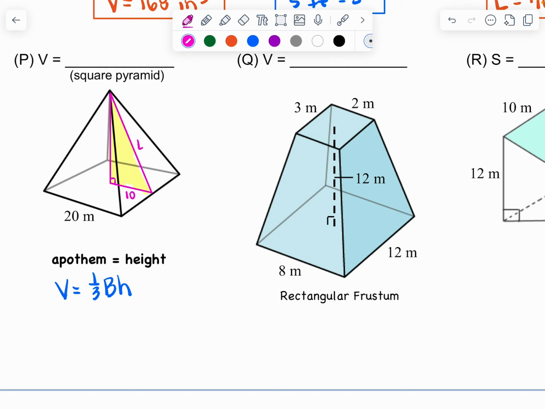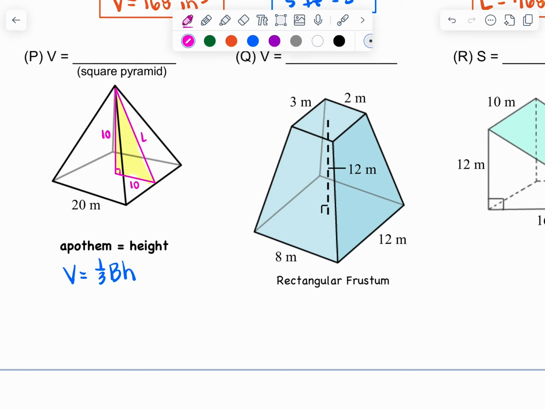This is your slant height. And then I know this is 10, and that is the apothem. And they told me here that the apothem is equal to the height of the pyramid, which means, I know it doesn't look like it to scale, but that means that the height is also 10.